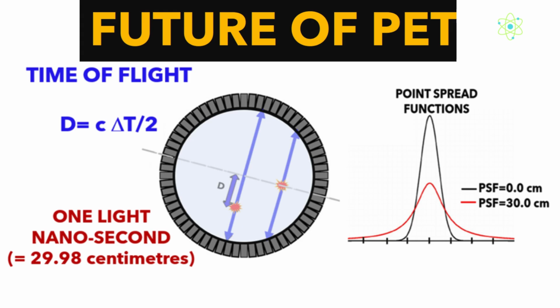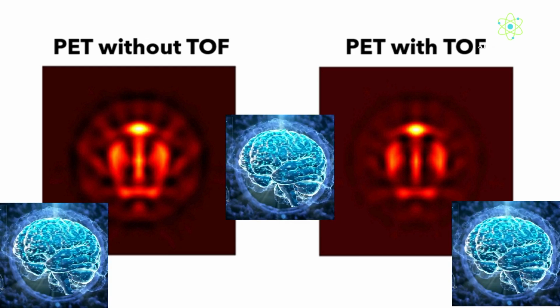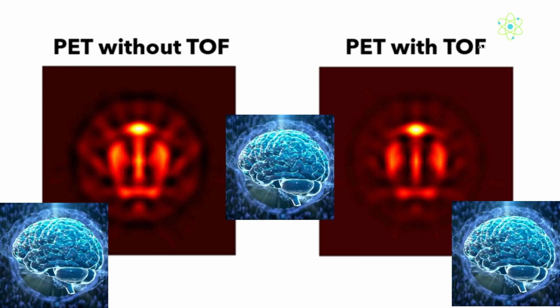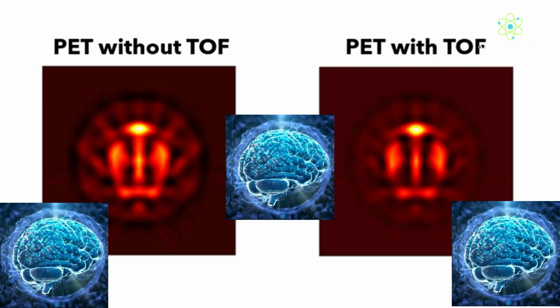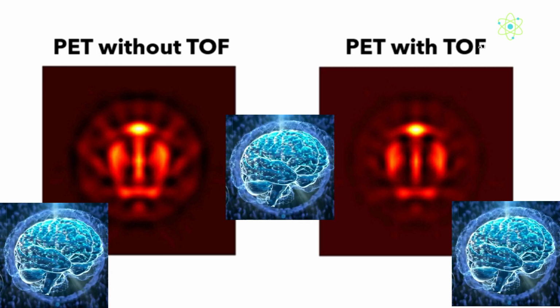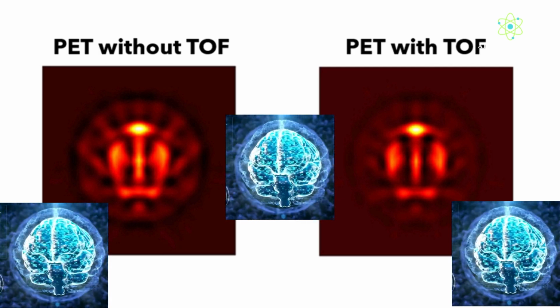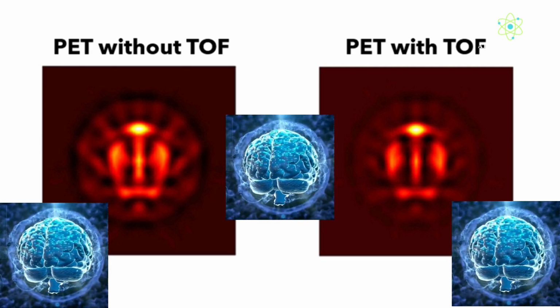Now let us explore the medical significance of PET scans with and without time-of-flight technology using the images shown here. On the left, we see a standard PET scan. This image shows the distribution of radioactive tracer in the body, highlighting the areas of metabolic activity.